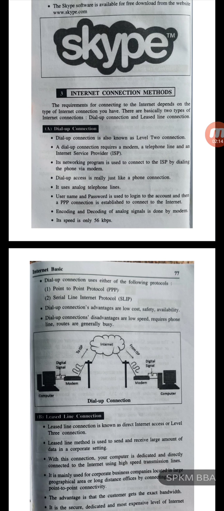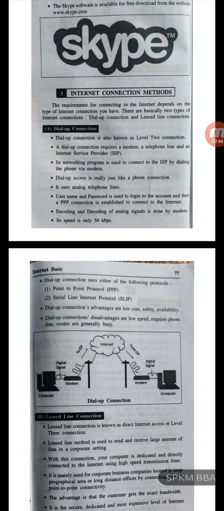In networking, a program is used to connect to the ISP by dialing the phone via modem. Here the modem is connected to the laptop or computer. Modems play an important role in connecting to the internet.